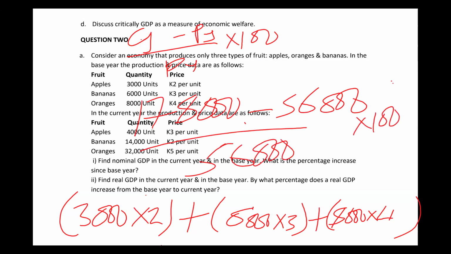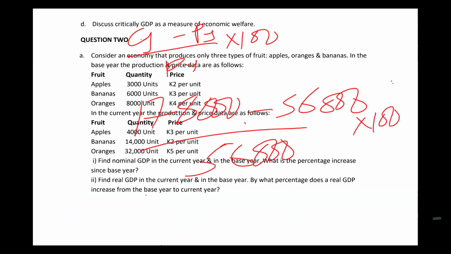What is it giving you? What does that give? 217%. Everyone finding the same?